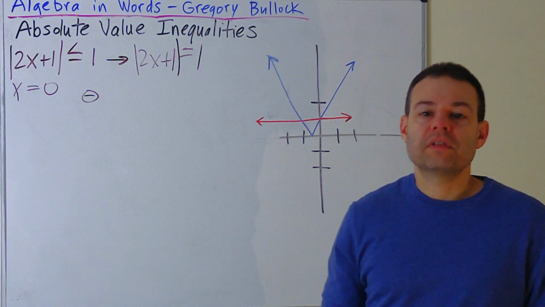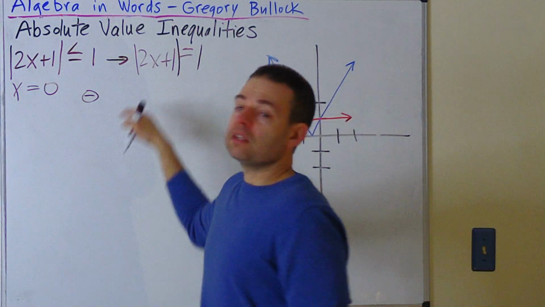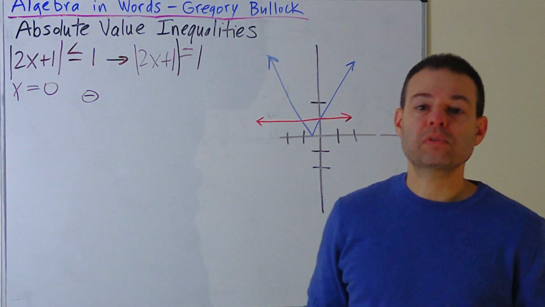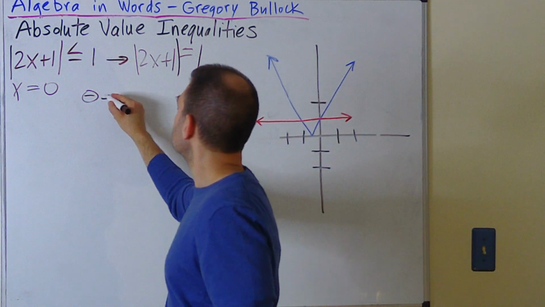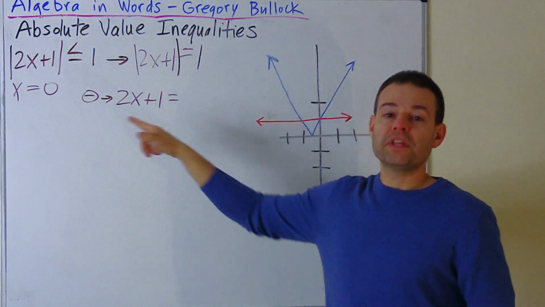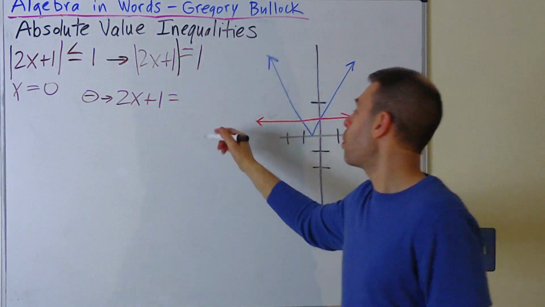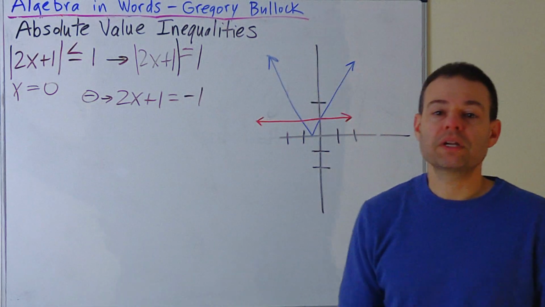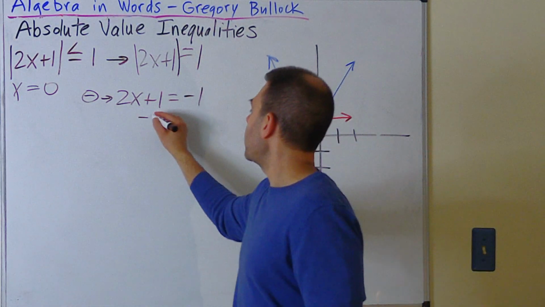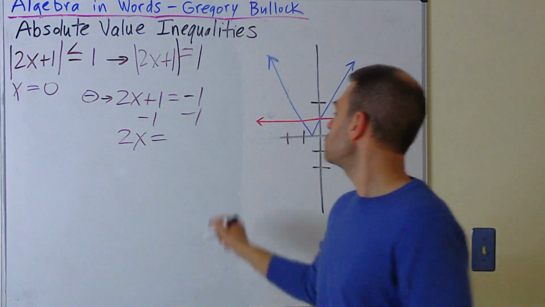And now let's solve the top equation for the negative form of the equation. Keeping the front part the same, removing the absolute value bars. And the negative refers to what's on the right. We're going to now make the 1 negative 1. And now we're going to solve for x. Minus 1, 2x equals negative 2.